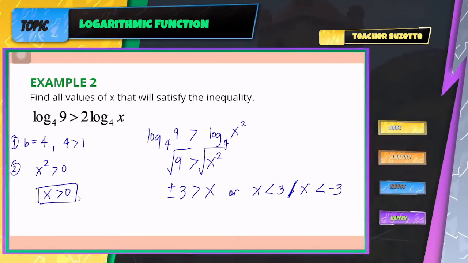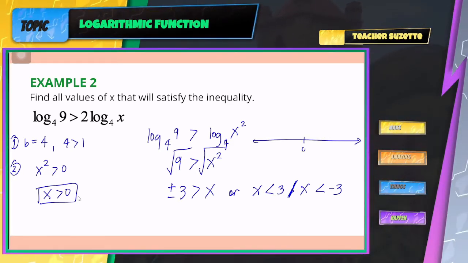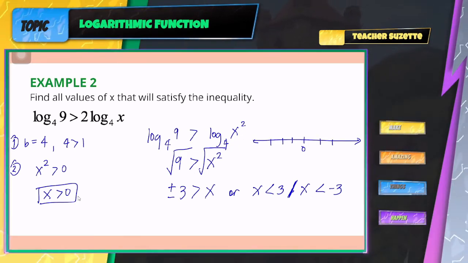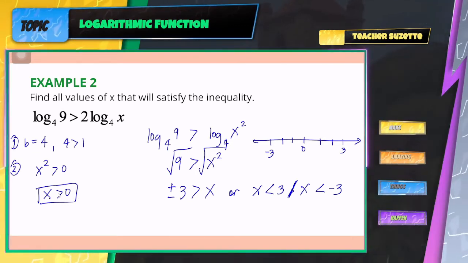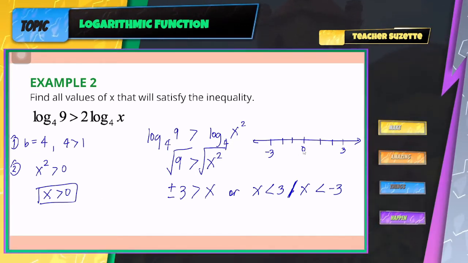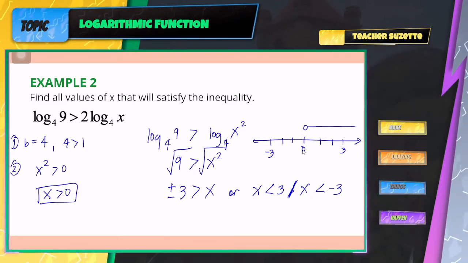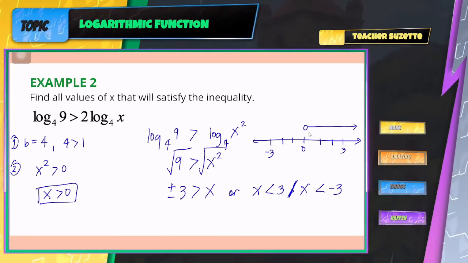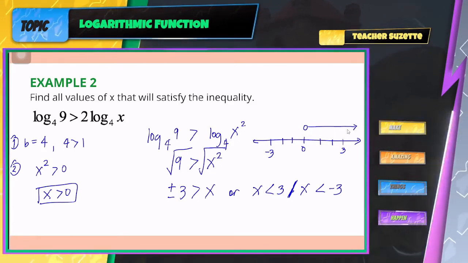So, if we are going to visualize it in our number line, so we have here 0, 1, 2, 3, 1, 2, 3. So, this is our positive 3, negative 3. So, sabi daw dito is our x is greater than 0. So, from our middle, papuntang positive infinity, this is the values of our inequality that would make your logarithm defined.